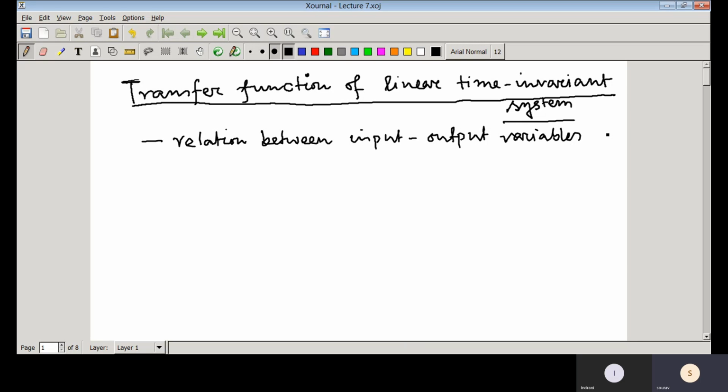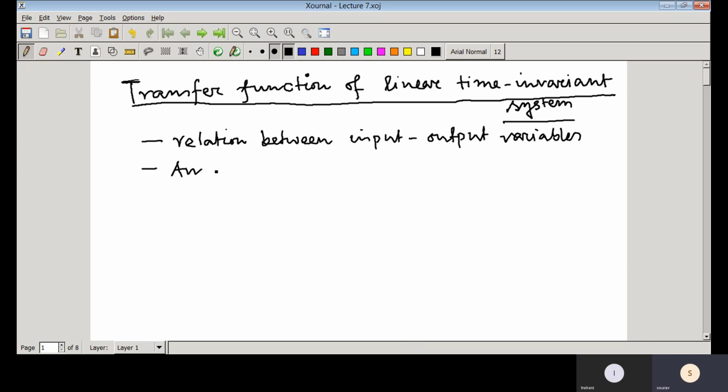And it is applicable only for linear time invariant systems, that is LTI systems, when the input is unit impulse. Then we can characterize an LTI system by its output response.